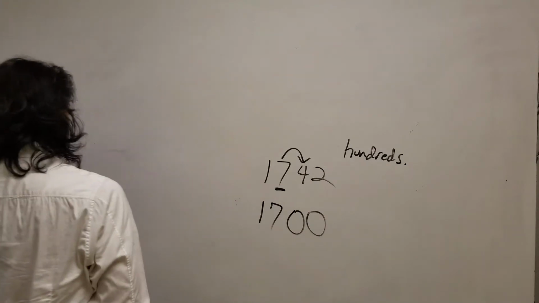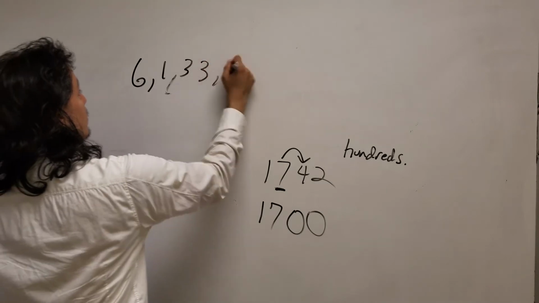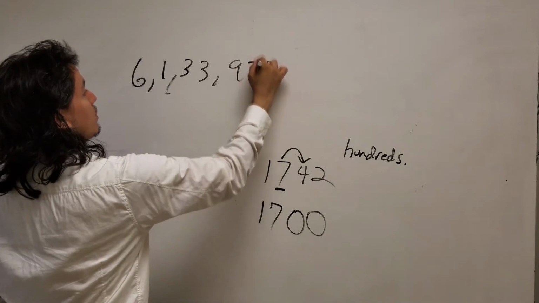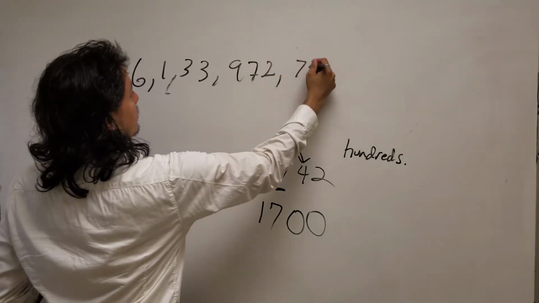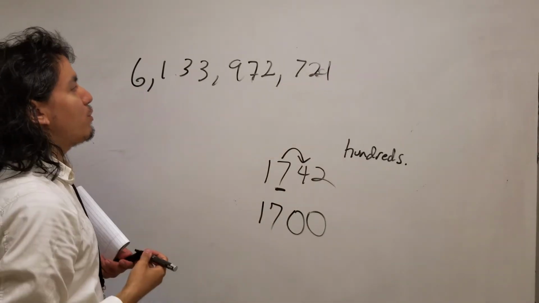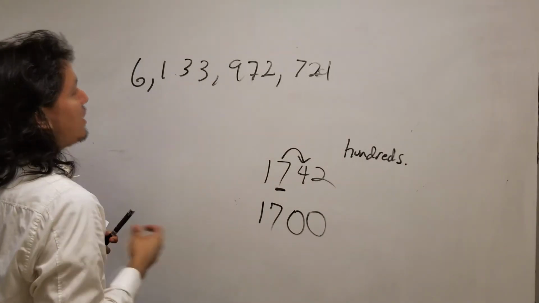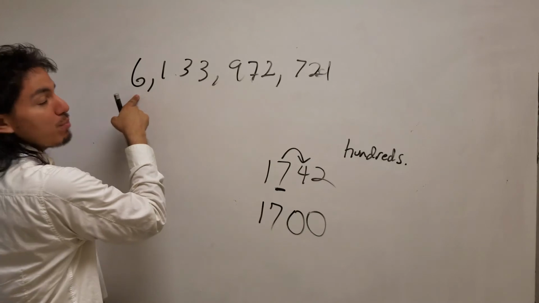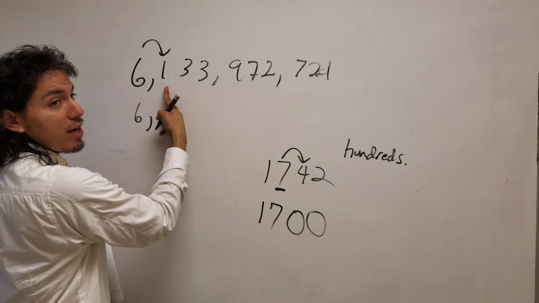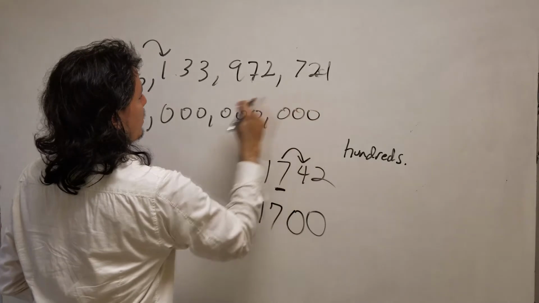Let's say I gave you this huge number, 6,133,972,721. Wouldn't it be easier if I decided to round from this billion here and simply asked myself, is this bigger than 5? No. It'd be much easier to remember 6 billion compared to the exact number.